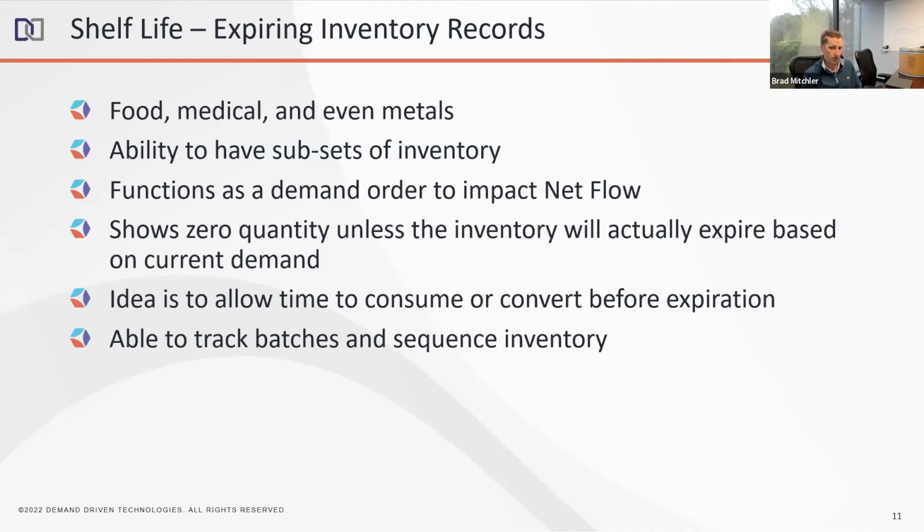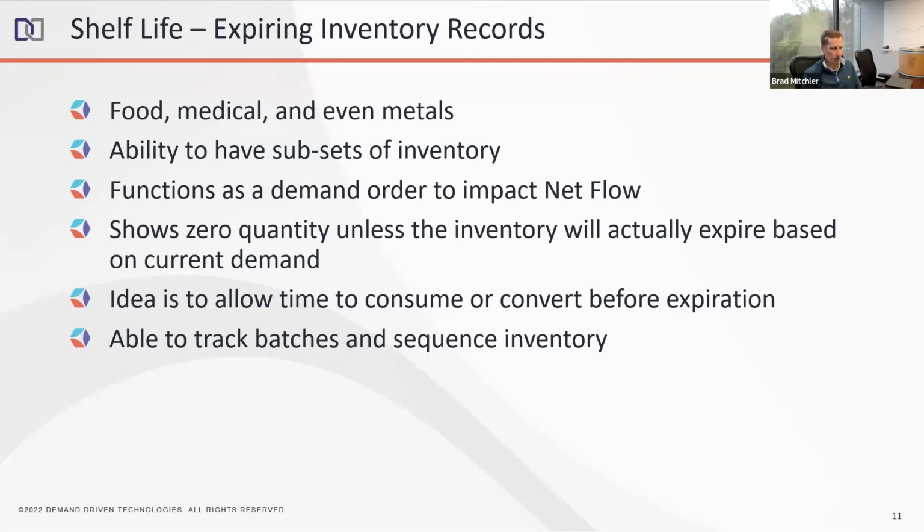such that if we are going to suffer from expiring inventory, we need to work that into the net flow equation. The way we're doing that in Intuiflow is we're recognizing expiring inventory as a demand order. If that expiring inventory doesn't have the current demand before it in time to support the consumption of that expiring inventory, we'll recognize the net difference between demand and the expiring inventory as a negative in our net flow, which would obviously trigger reordering potentially depending on the position of the net flow in the buffer.